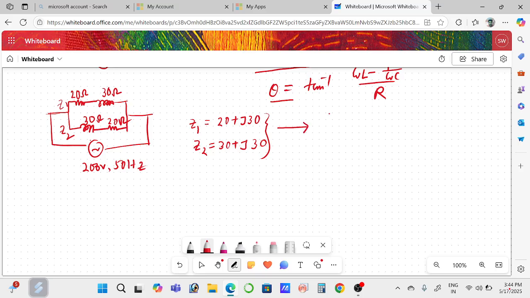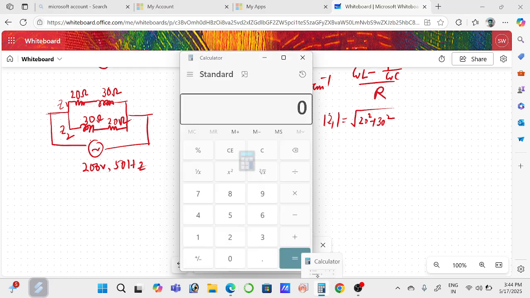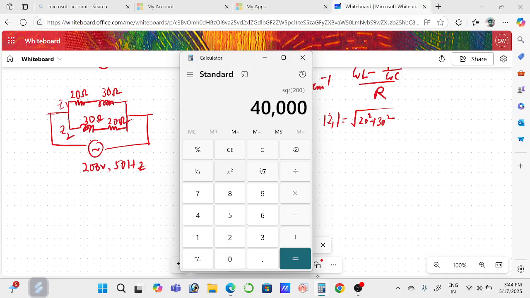For the first case, for Z1, the mod of Z1 is simply the square root of 20 squared plus 30 squared. 20 squared plus 30 squared, and this is 900.